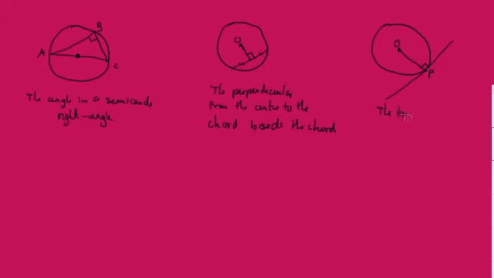So the tangent to a circle at a point is perpendicular to the radius at that point.